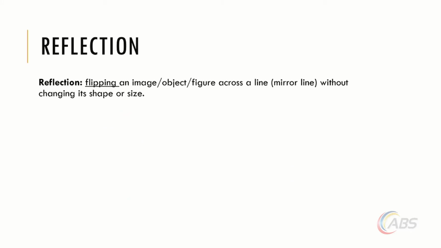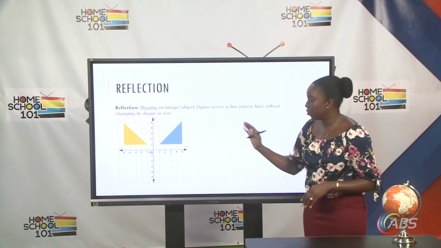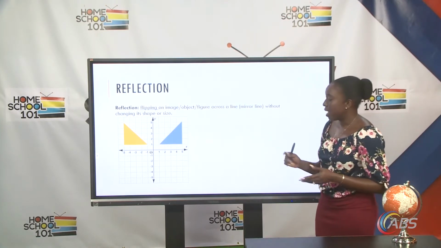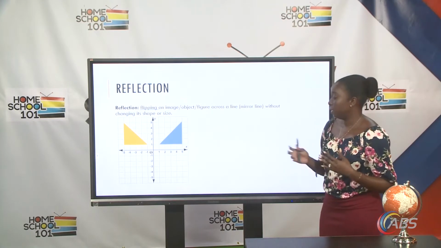Next, we're talking about reflection. Reflection is the flipping of an object, image, figure across a line, which we refer to as the mirror line, without changing its shape or size. And so here we have two triangles on a graph, the blue triangle on the right, the yellow triangle on the left.